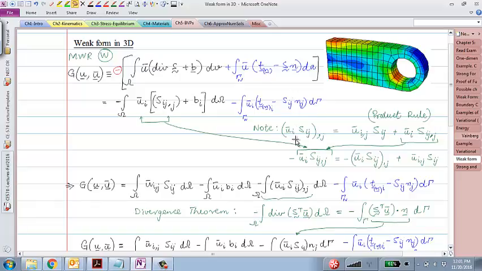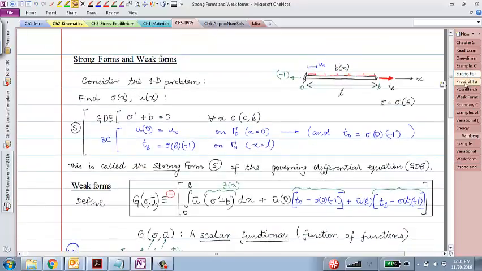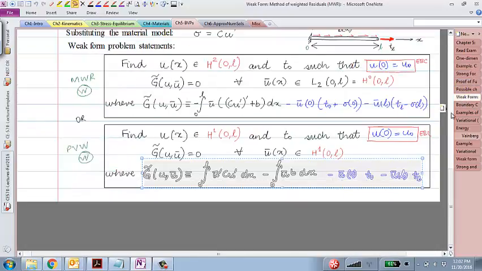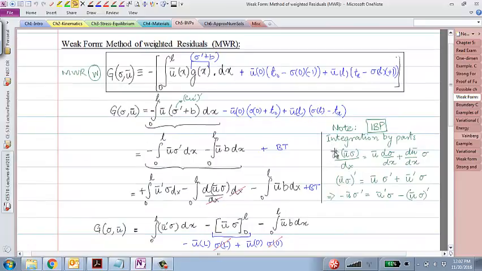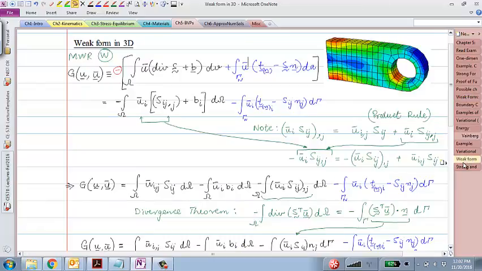This is exactly the same step that we did for the 1D problem, which, let me see if I can pull it up right here. For the 1D problem, we said product rule on u bar sigma, and then found that this particular term can be expressed as u bar prime sigma minus some boundary term. That's exactly what we are going to do for the 3D term as well.